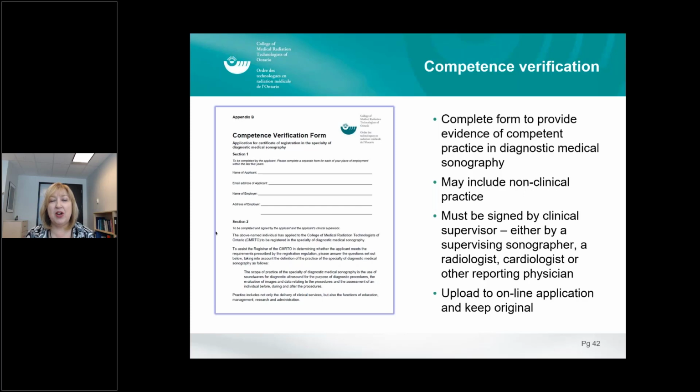So you can always have a cardiologist or radiologist sign your competence verification form to say that yes, you are competently performing the procedures of a sonographer. And again, you can upload that to your online application profile and keep the original.